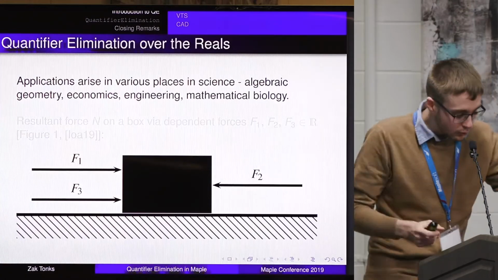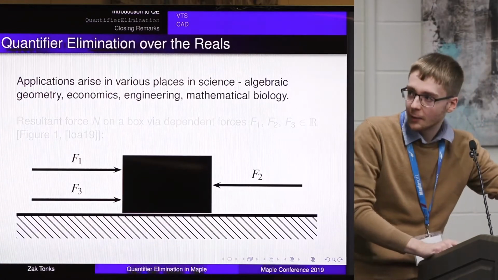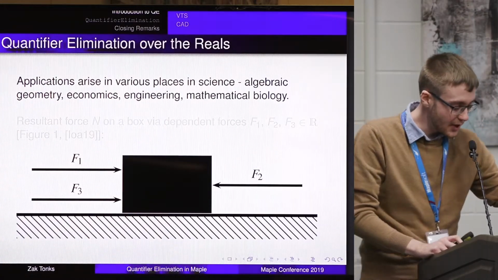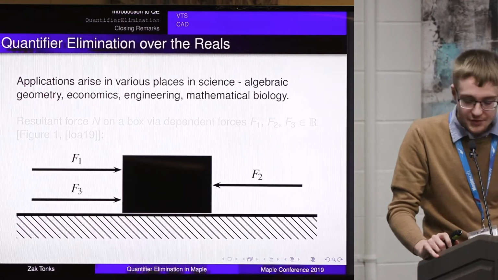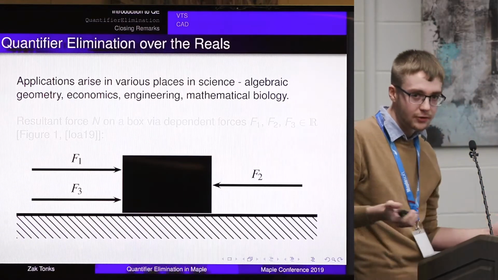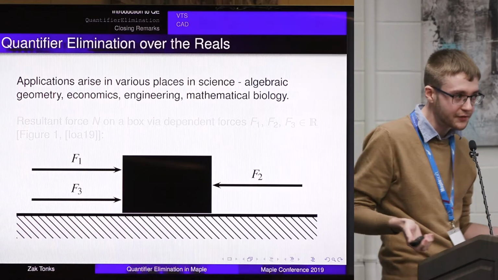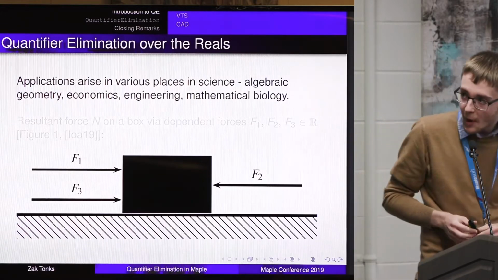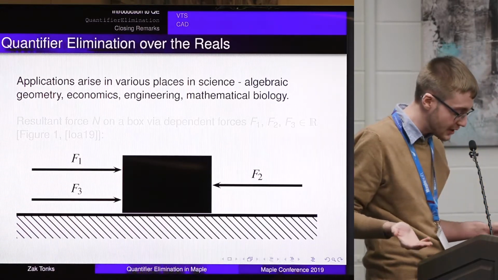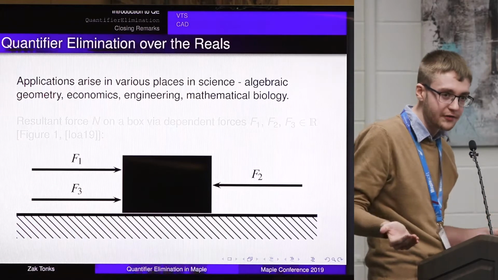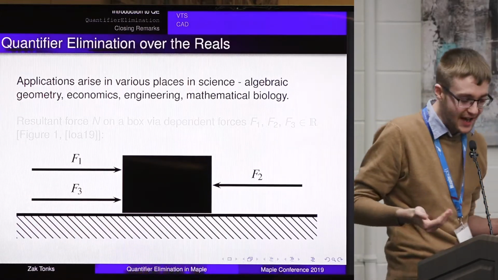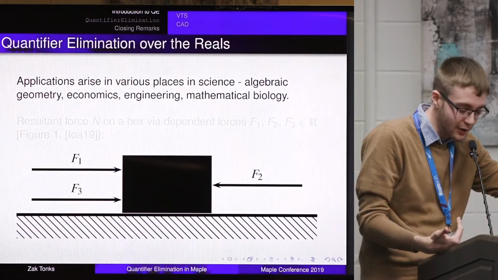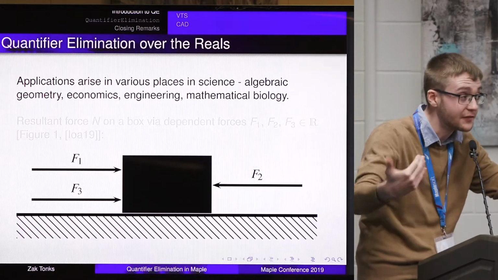So why do you want to do quantifier elimination? This is going to be a bit of a weird example, but I want to show you that you could pose a lot of things as quantifier elimination problems. I think people avoid using quantifier elimination quite a lot, not only because it has some deficiencies, but because the algorithms so far are so hefty.